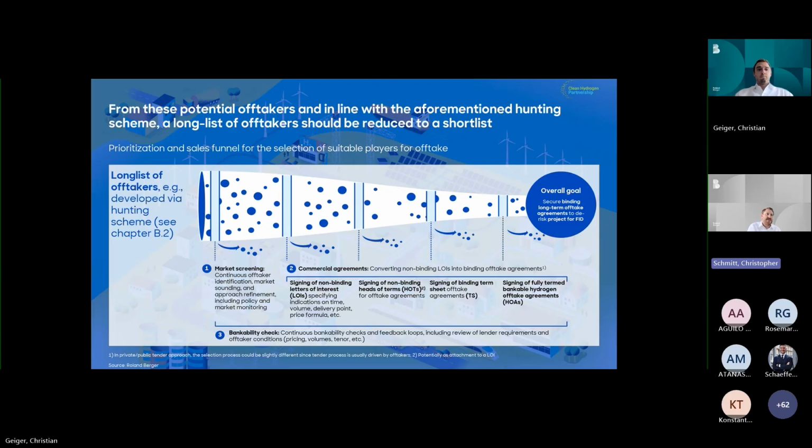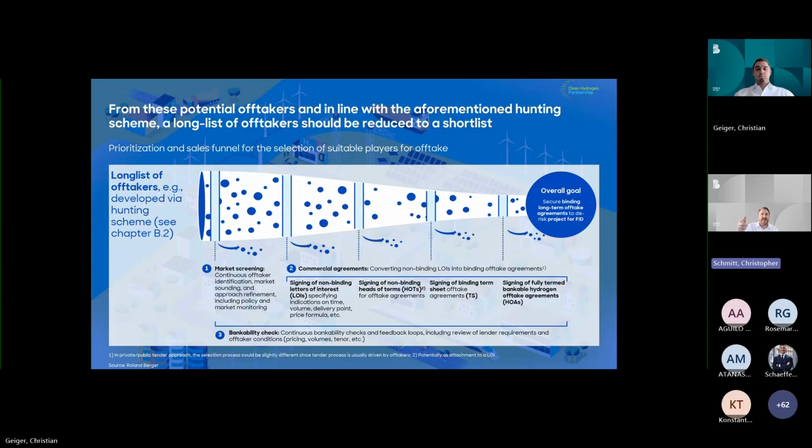And what's important is the third element that you see at the bottom, that basically runs across the entire process chain, which is the bankability check. So what you need to do is you basically need to build in a constant feedback loop with your potential lenders, where you keep them posted about the ongoing negotiations, and you bounce the terms that you are negotiating with potential off-takers off of the bank to check if those would actually be acceptable.